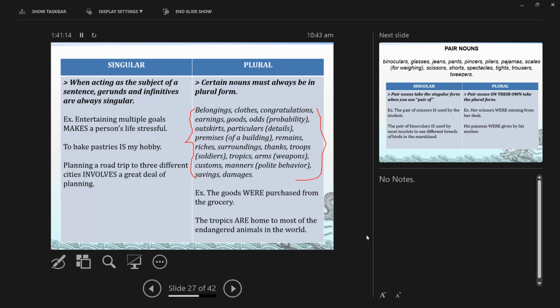The troops are, ito naman yung importante, the troops are, was it used in the correct execution? Like I said, use it as the subject? Yes. The troops are. So, ginamitan ba niya ng tamang helping verb? Yes, because it's in plural form, are. Very good. Okay, next. Can I check your answer, please?